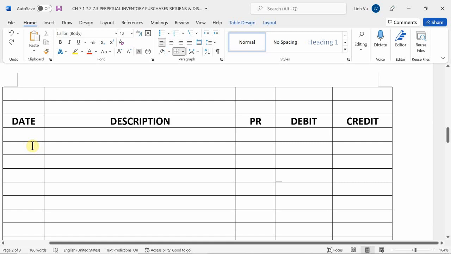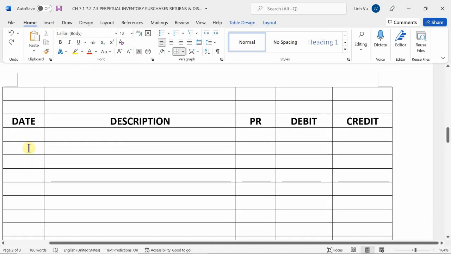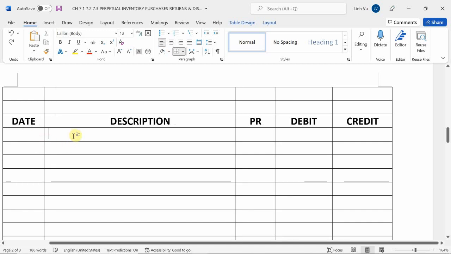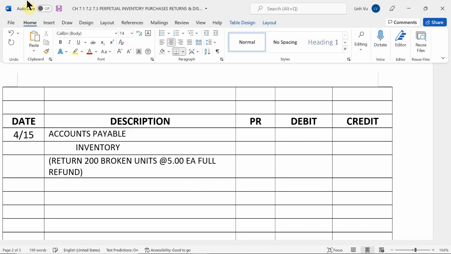In this case, I'm going to go to my next page here because it pushed it down anyway. Okay, and this was on April 15.